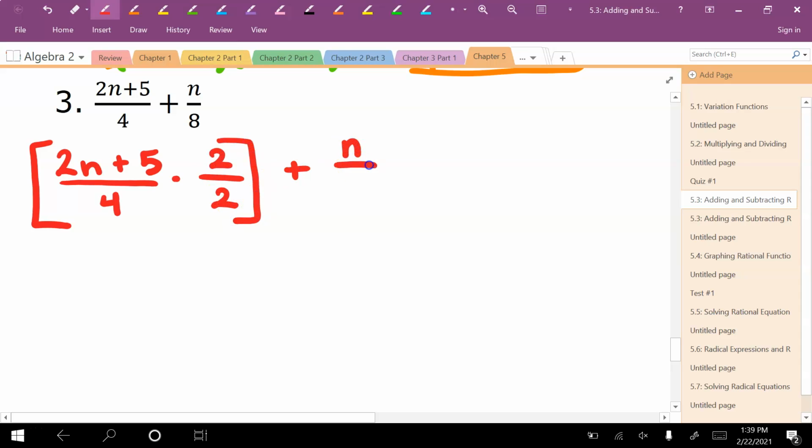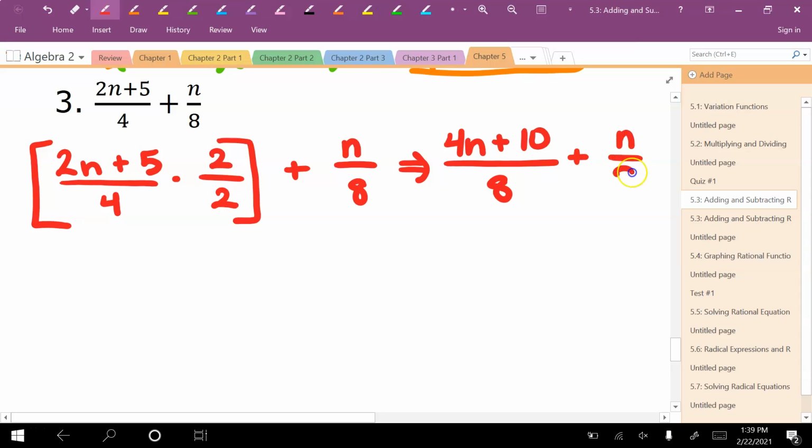Okay, we're not going to do anything to that second fraction. So what does the new fraction say on the left side? 4n. Good. And then plus n over 8. Okay, all we did here is we distribute that 2 to the 5 and to the 2 in there.